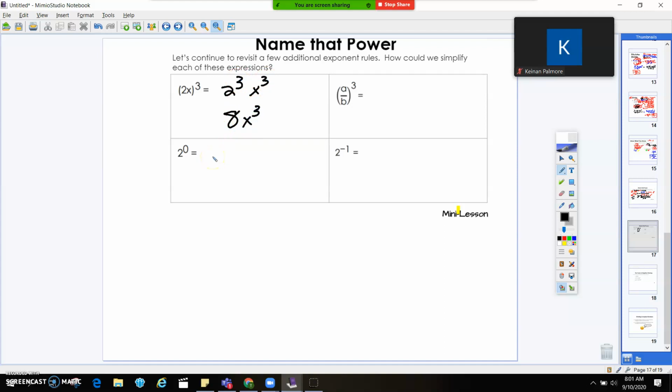Okay, so whenever you raise something entirely to the third power, you've got to make sure that you're using those parentheses, because this and that are two totally different things. Okay? Same concept over here. If you have something that's in a fraction and you're raising it to a power, you're going to take what's in the top and raise it to that power, and take what's in the bottom and raise it to that power.